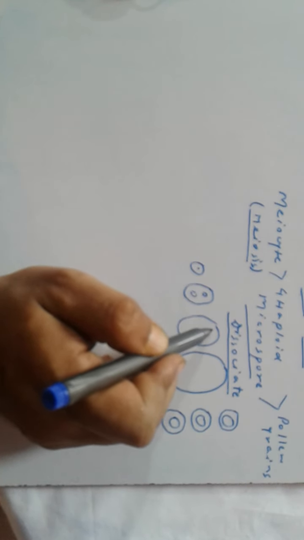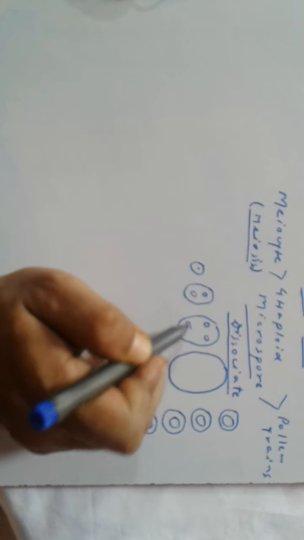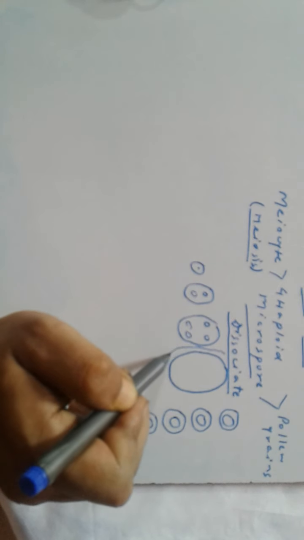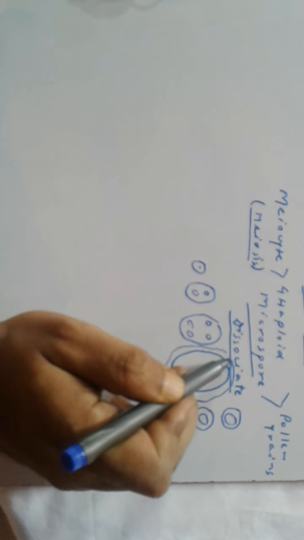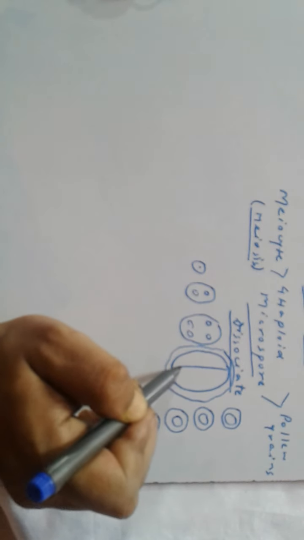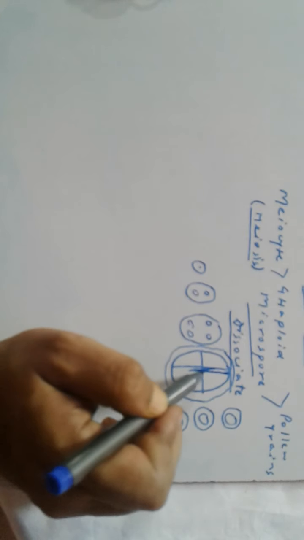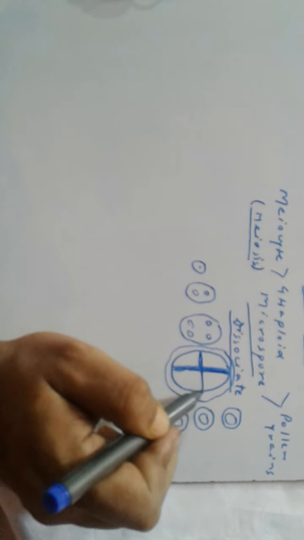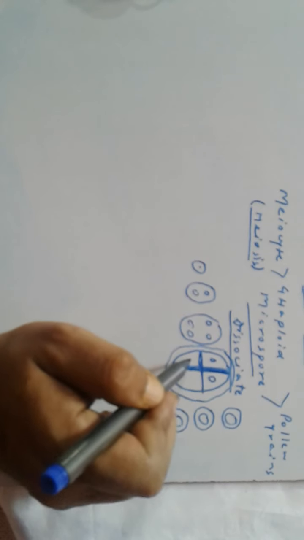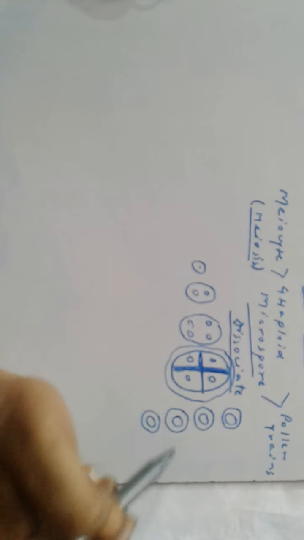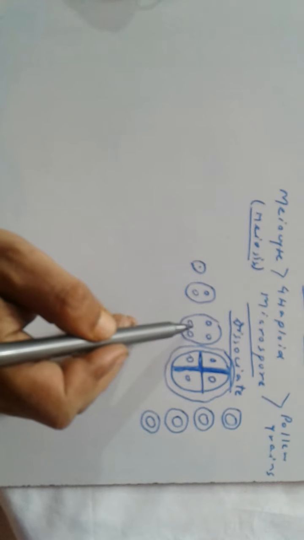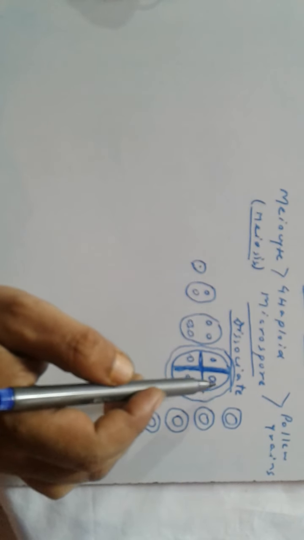After meiosis 1 it becomes 2, after meiosis 2 it becomes 4, and these are the microspore tetrad.